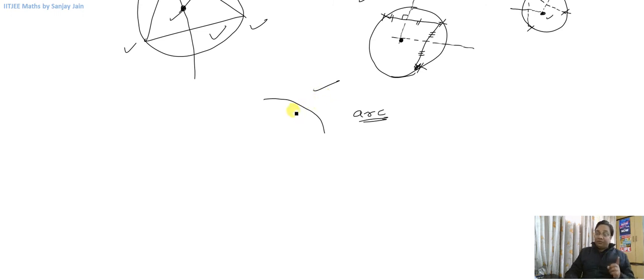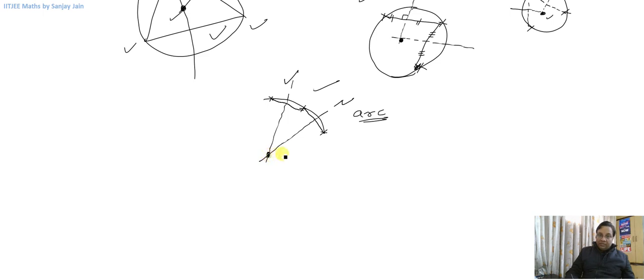There can be one and only one circle, because on this arc you can locate infinite number of points, and if you take any 3 points on this arc, you will be able to draw two line segments like this, right? And if you draw their perpendicular bisectors, these will be two distinct lines, and they can meet at maximum one point.